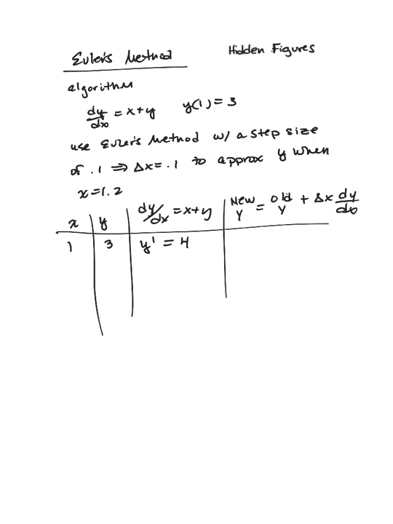So my new y would be my old y, which was 3, plus my delta x, which is 0.1, times my dy/dx. So this is 3.4.